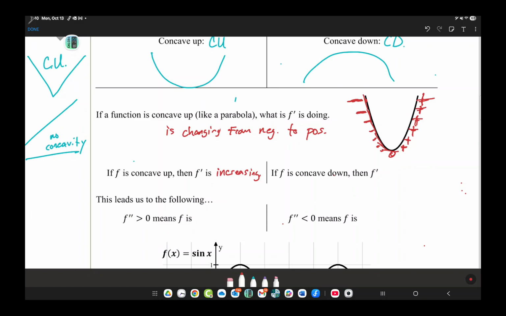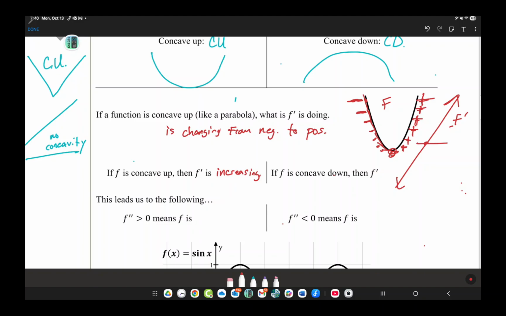So my value is actually increasing. If I had a graph of the derivative, that would be like a nice linear function, where it's increasing. Right here is where it would cross the x-axis. So either way, the function is increasing. So when this is f, this would be f prime.